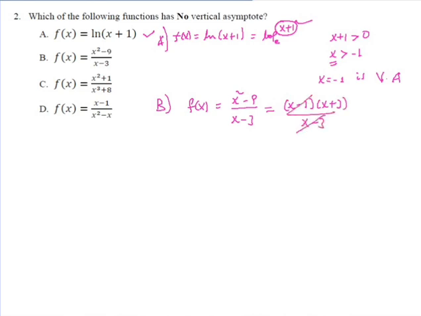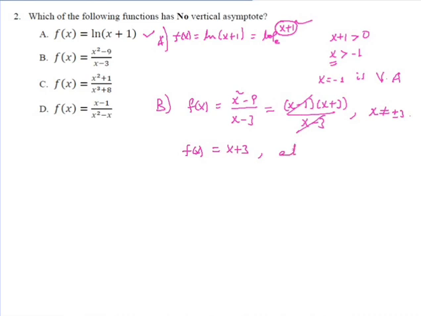Therefore, this can be cancelled out, but x should be different from both positive 3 and negative 3. At both 3 and minus 3, the function is undefined, but the simplified form of this function is x plus 3.